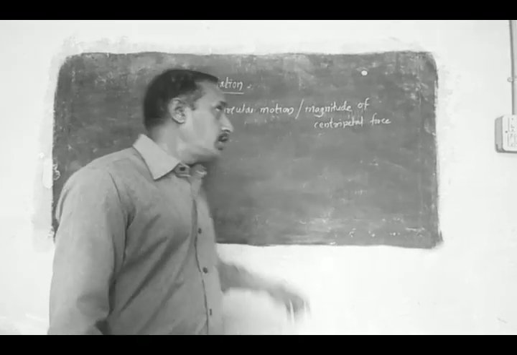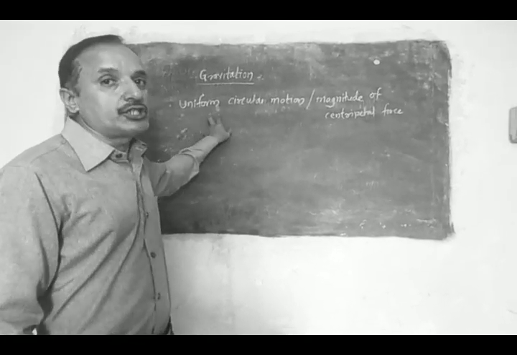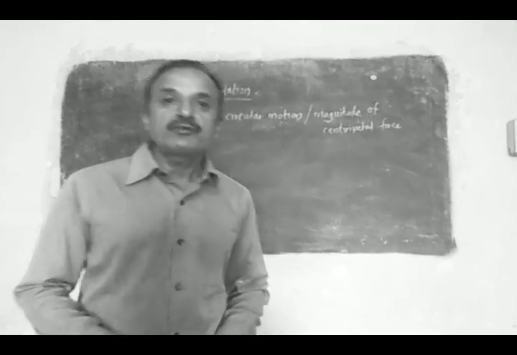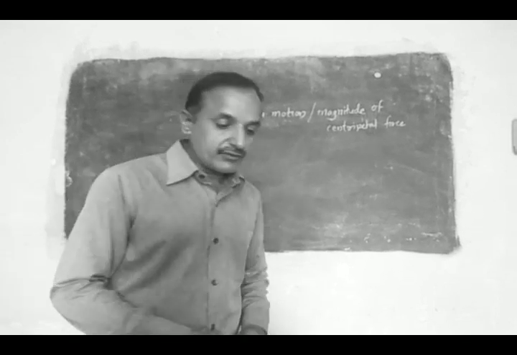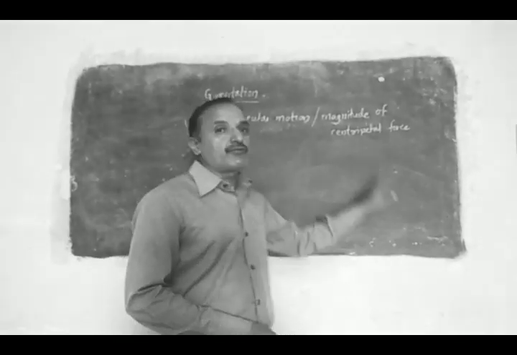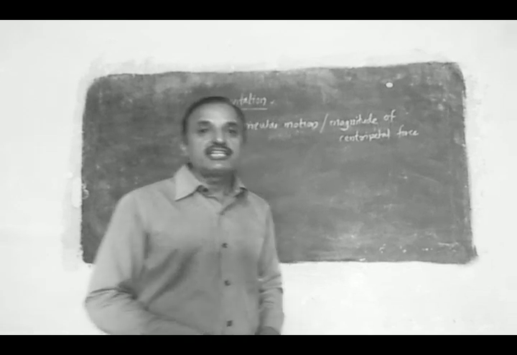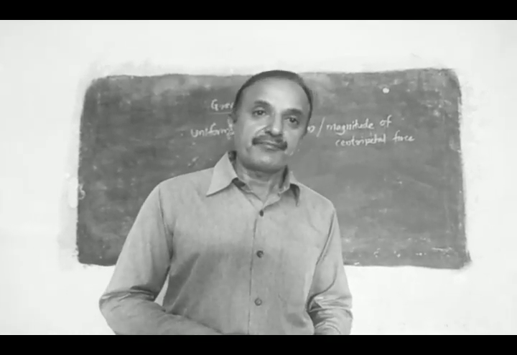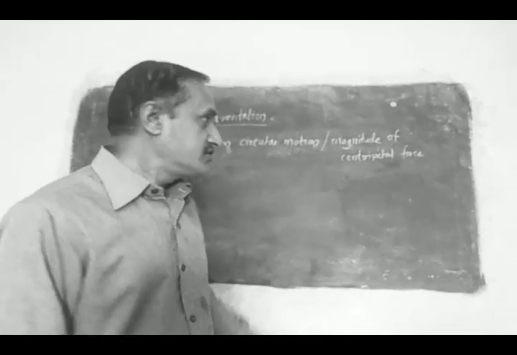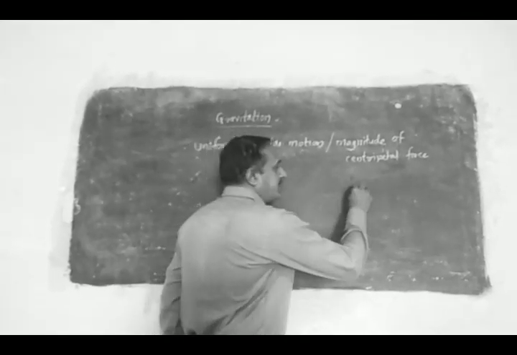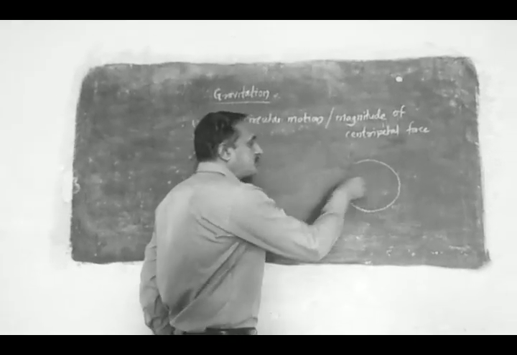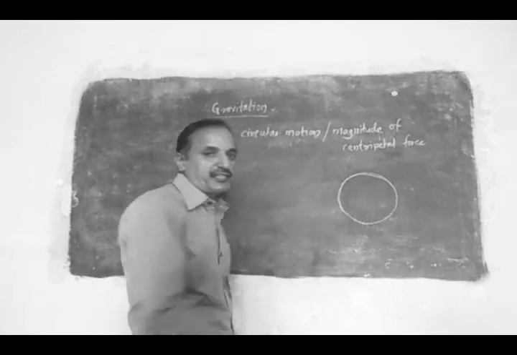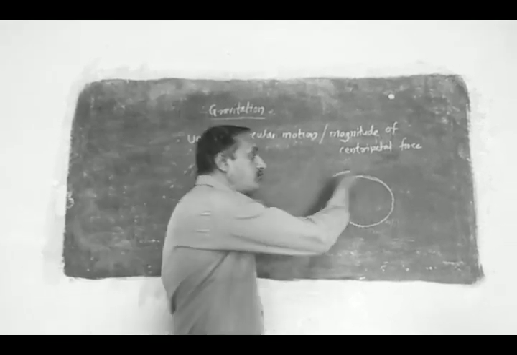Let us see a new concept, that is uniform circular motion, and the magnitude of centripetal force. We have seen about the centripetal force. Consider an object moving in a circle with uniform speed.